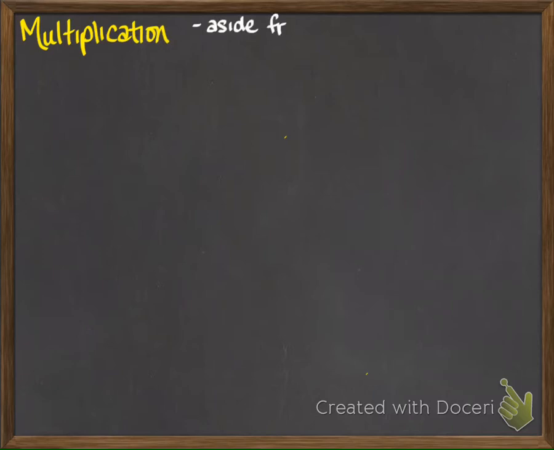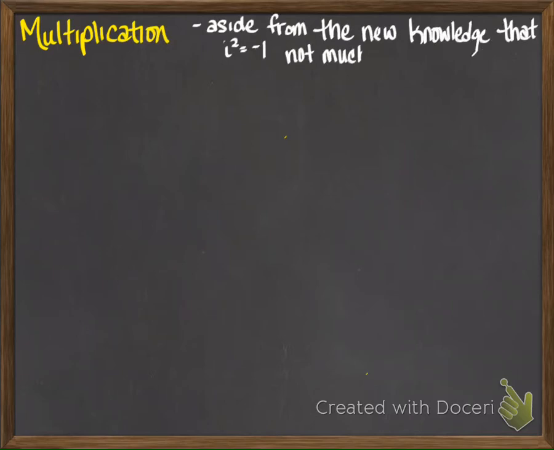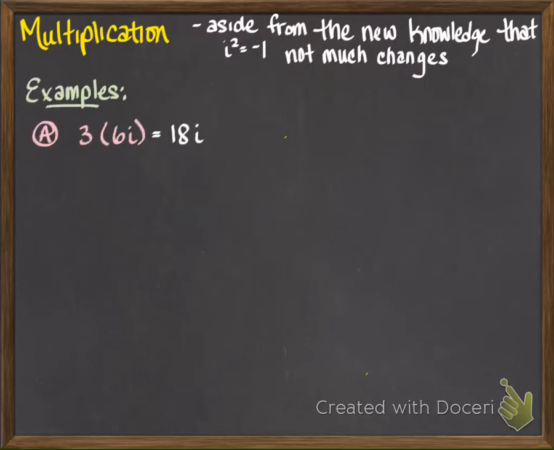Multiplication. Now, the only thing that's really changed is that we know i squared is equal to -1. So we'll use that as we multiply. If we multiply 3 times 6i, that isn't really any different than monomial times monomial when we weren't working with complex numbers. 3 times 6 is 18, I get 18i. 6i times -2i.